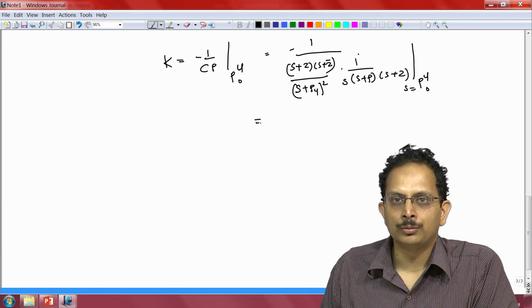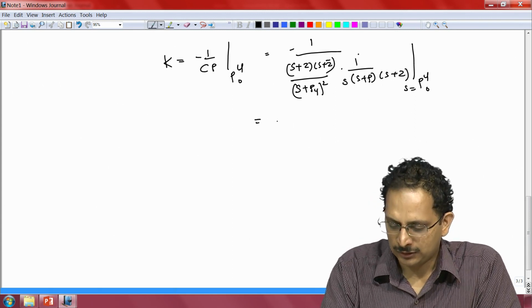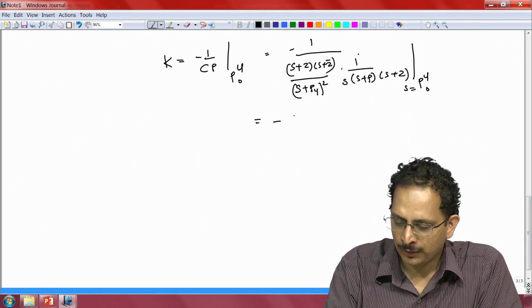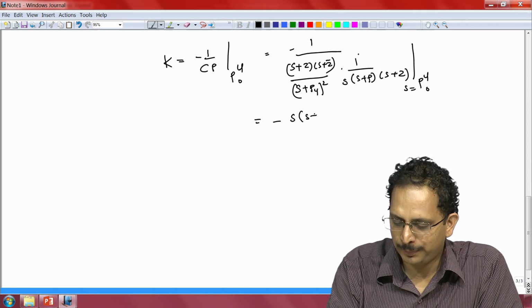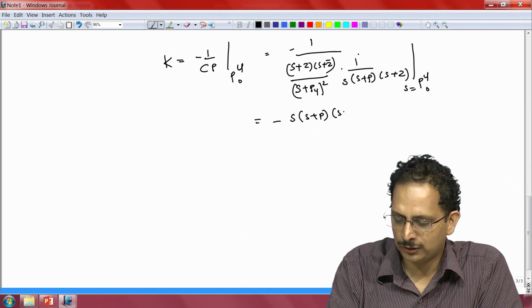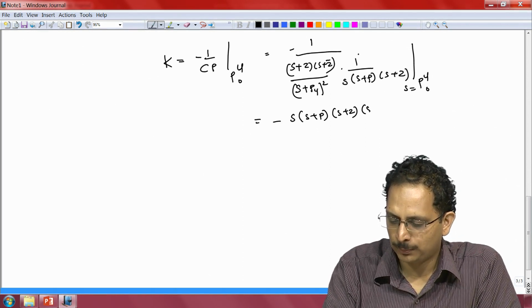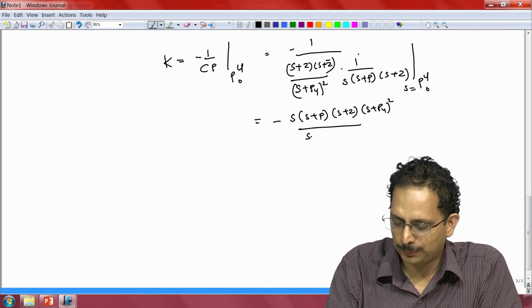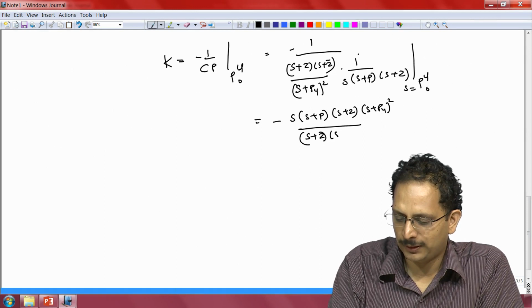So if we were to undertake some simplification, this would be given by K is equal to minus of S times S plus P times S plus 2 times S plus P4 the square divided by S plus Z times S plus Z bar.